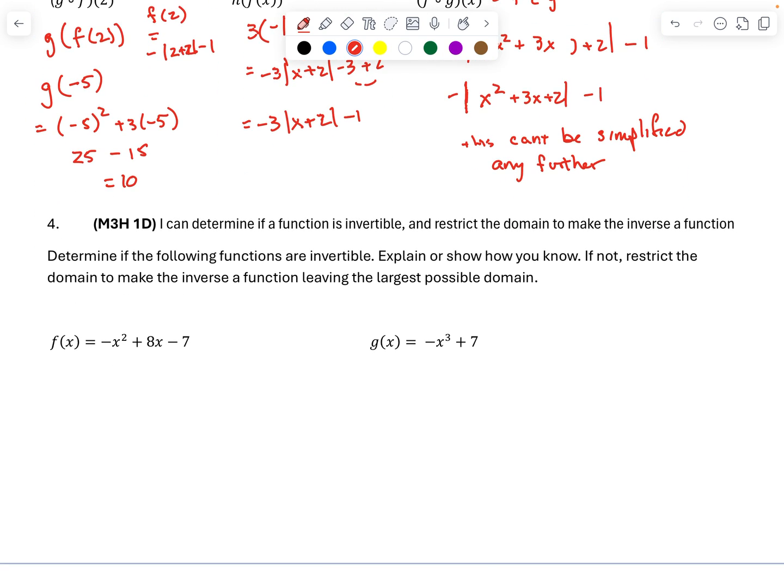All right, are these invertible? So we take a look. What we're going to do is graph to check.